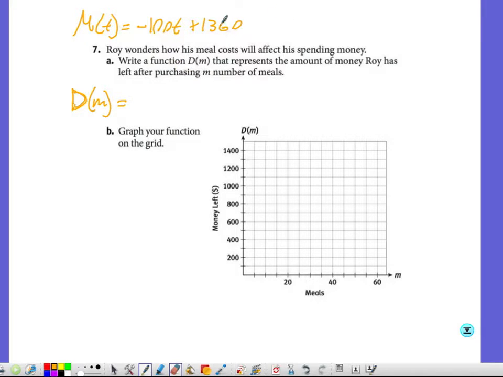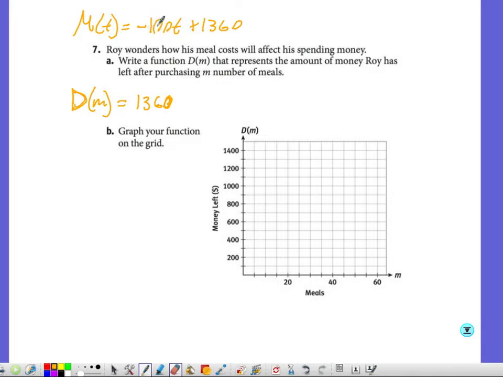Now, remember, 1360 represents the amount of money Roy has to spend. And so, if we're just focusing on meals, Roy is still going to have $1,360 to spend if he hasn't bought anything yet.